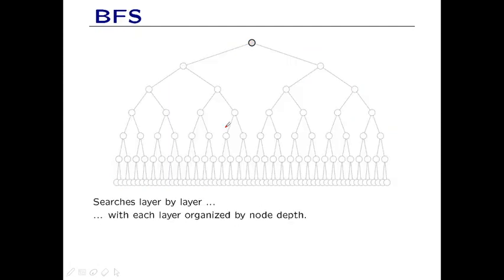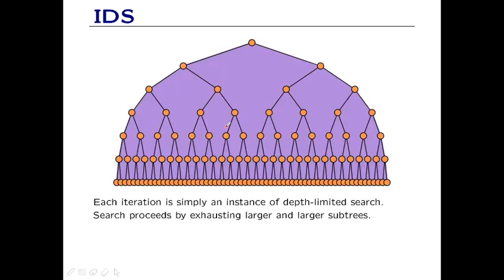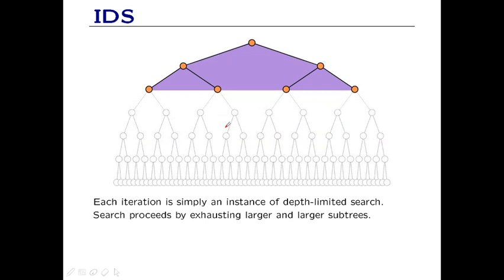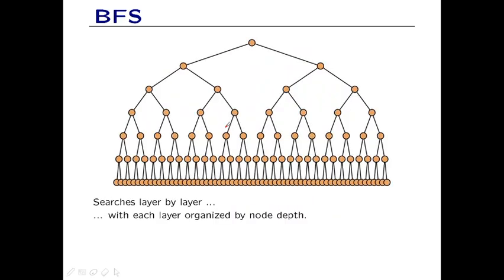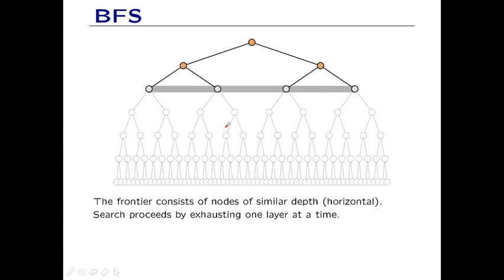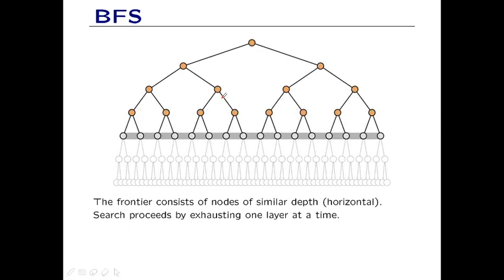Breadth first search searches layer by layer. Like this, again layers, layers, and layers. Don't confuse between these. That means it's going to check by layer, not by level.